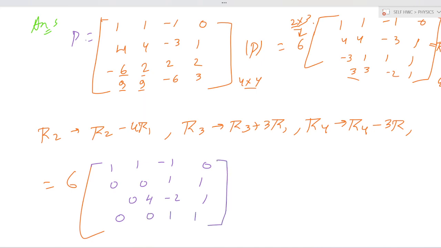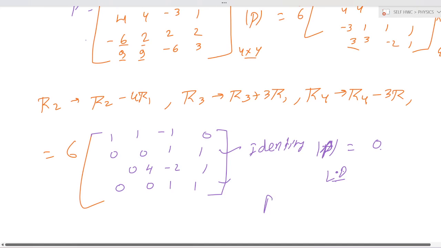So this is identity. Determinant of P is equal to 0, so this is linearly dependent.